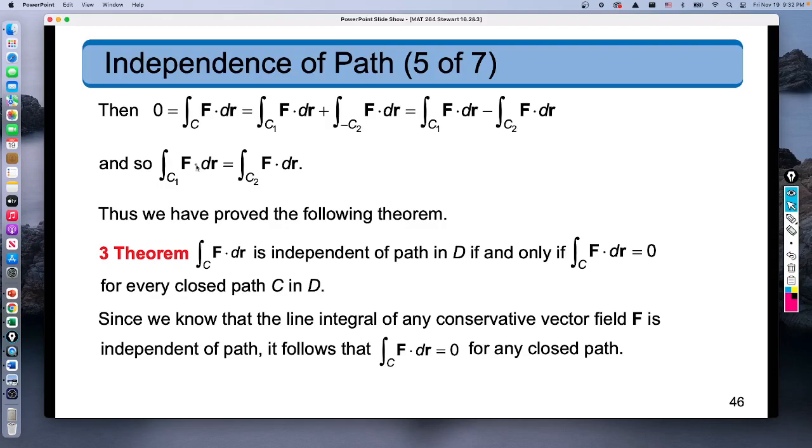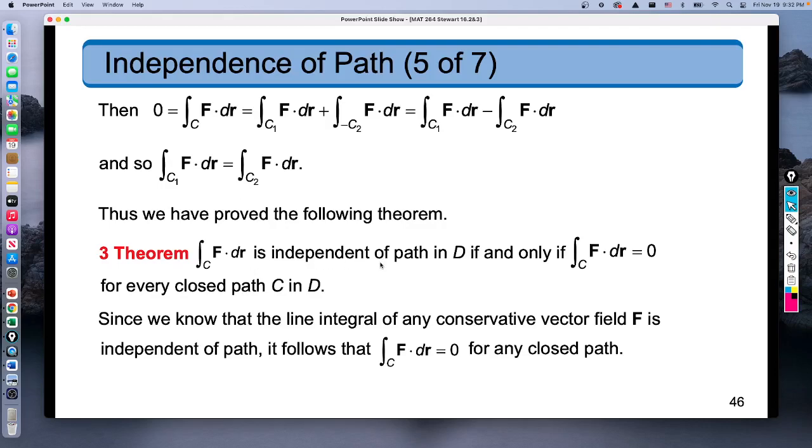Okay. So again, this is just getting us to a place where that happens, which means that when we integrate over C1, we're going to get the same thing as when we integrate over the path C2, those two different halves of the path around the loop, because they're going between the same points.